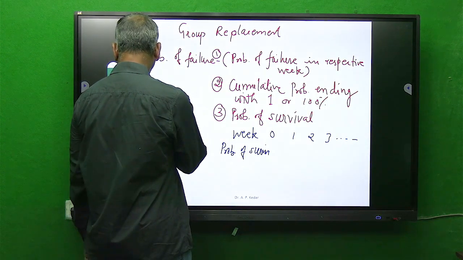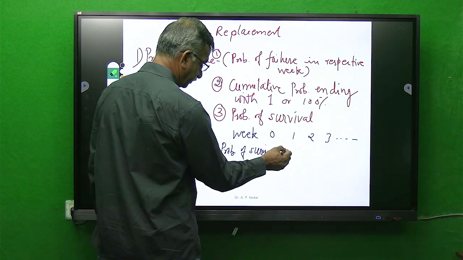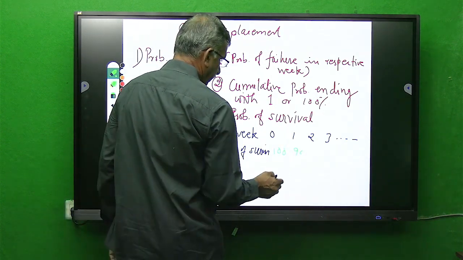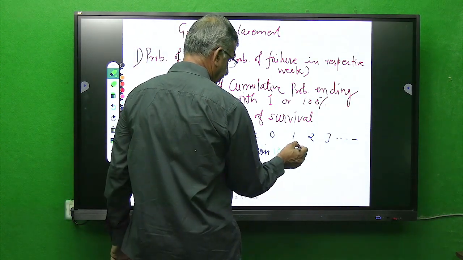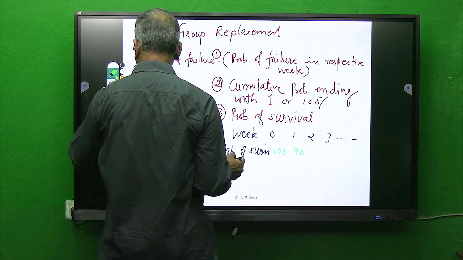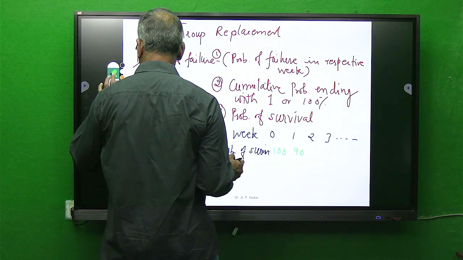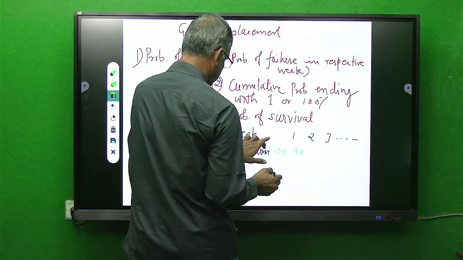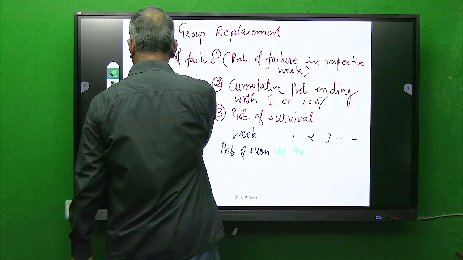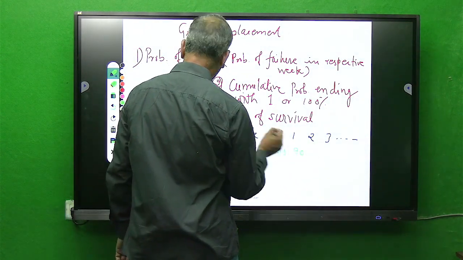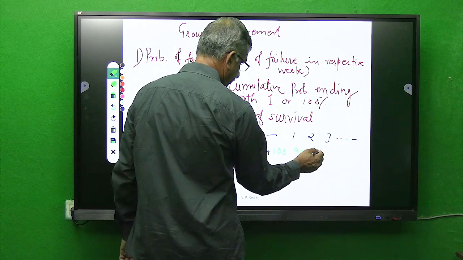Definitely for the first case it will be 100, then 90, and here instead of 0 it should be a dash. We'll put that dash there. And say 70 like that.